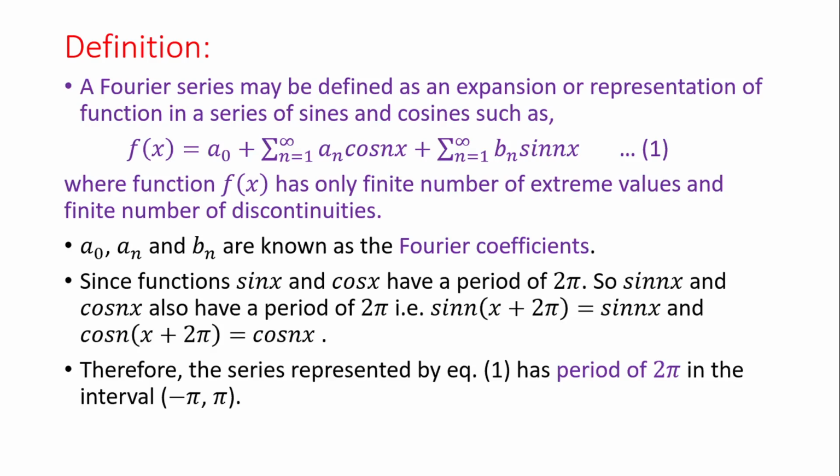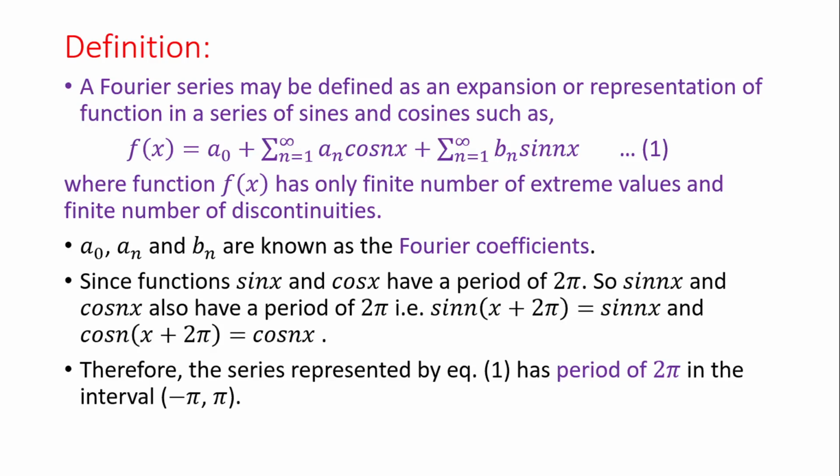Similarly, sin nx and cos nx shown in equation 1 also have a period of 2 pi. That means sin(nx plus 2 pi) is equal to sin nx, and cos(nx plus 2 pi) is equal to cos nx.